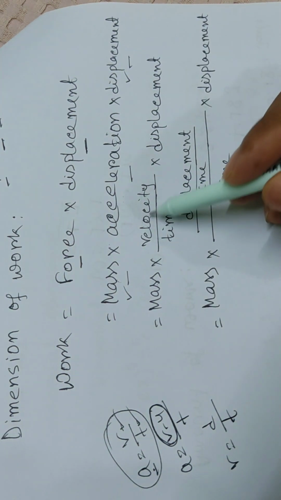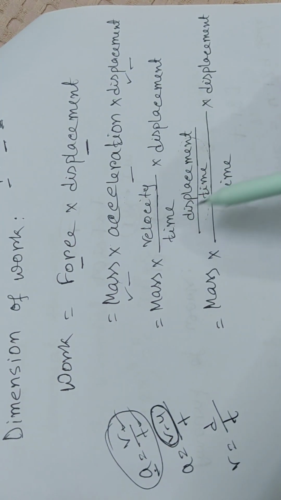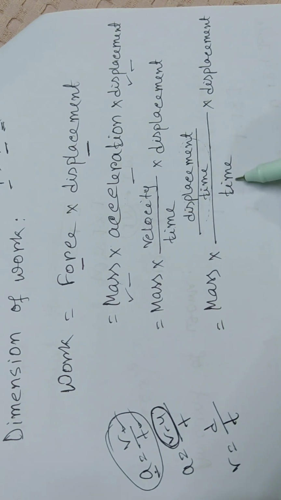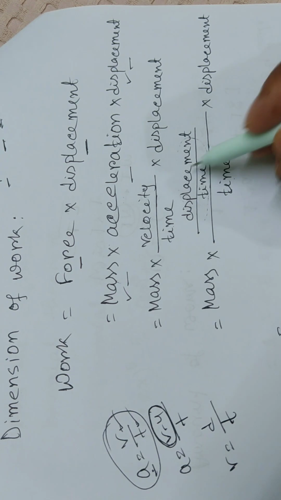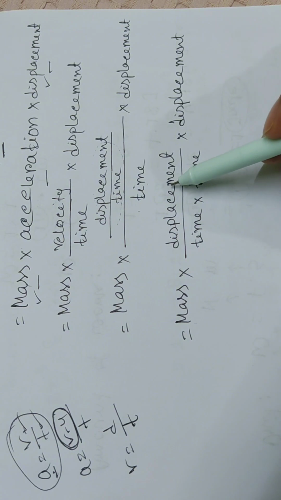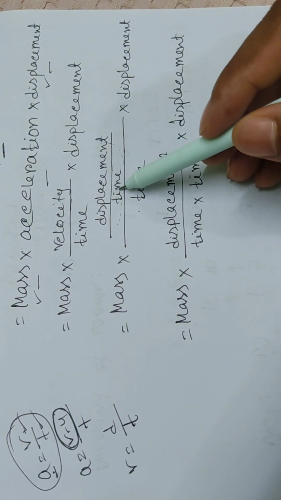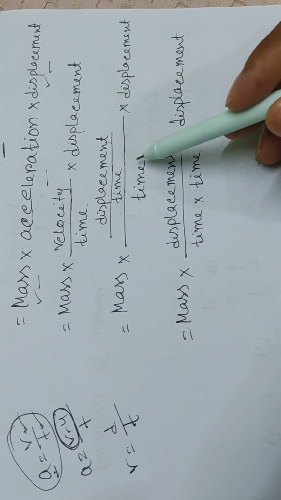Now it is a fractional division, we can write it this way: mass into displacement as a numerator, and the denominator of the numerator will multiply with the denominator of the main fraction.